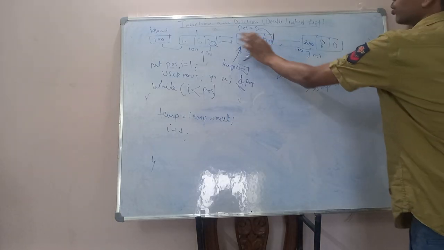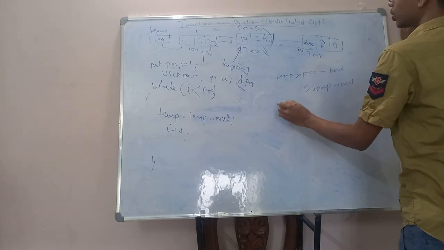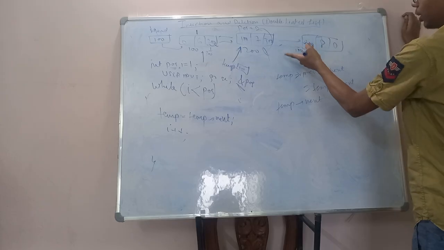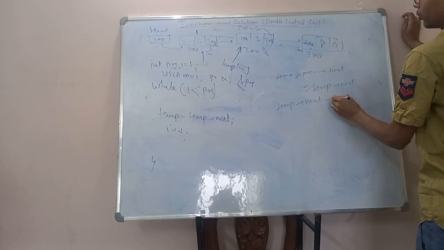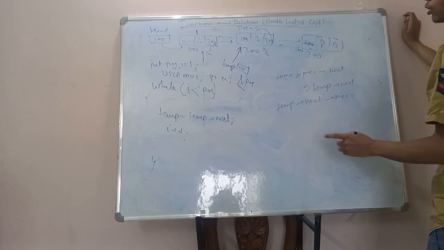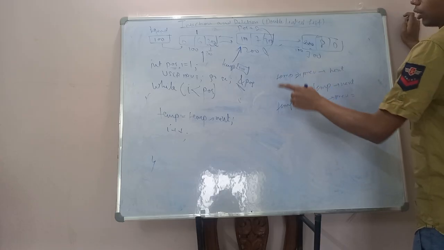So this will be stored here, and here I want to store, so with help of temp I will go to next, right, and with help of that I will go to previous, and there I will store, right.